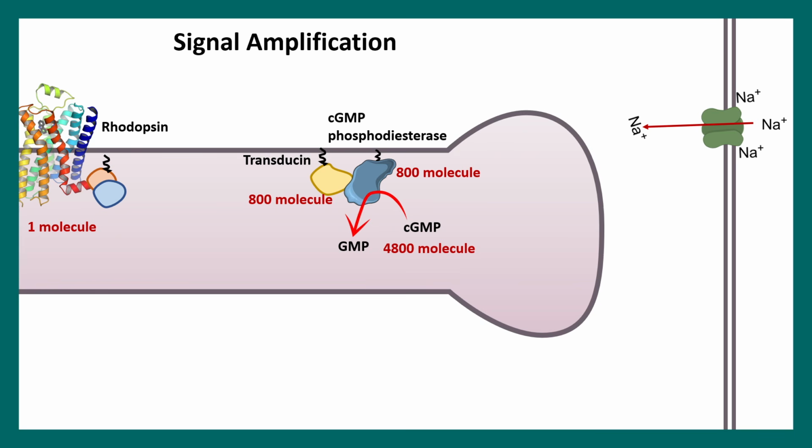One molecule of G protein activates hundreds of transducin molecules. Each transducin molecule can activate thousands of phosphodiesterase enzymes, and each of them can break down several molecules of cyclic GMP. So at every single hierarchy, the effect of the signaling is amplified, and that's the job of the second messenger.